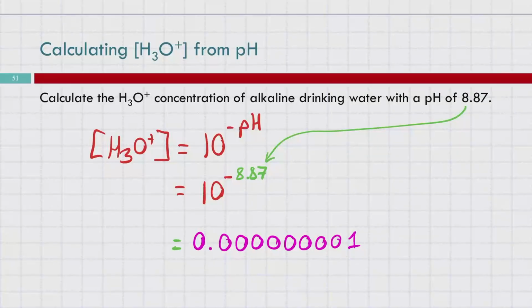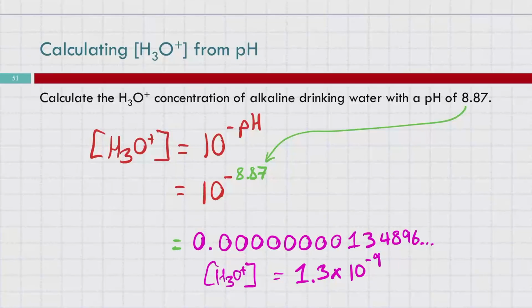So you can multiply it by a number, like 1,000, and it scoots everything over, and then you can see the numbers that are behind it. And it probably keeps going. So this would be 1.3 times 10 to the minus 9 for our H3O plus concentration.